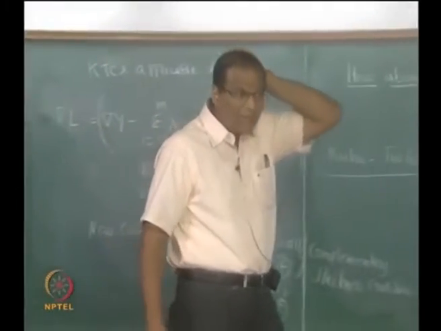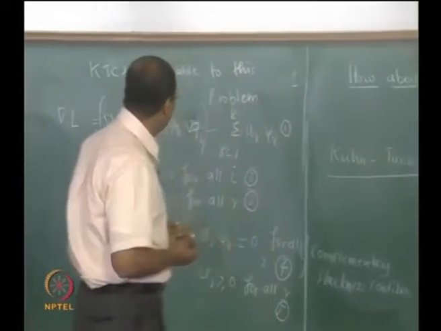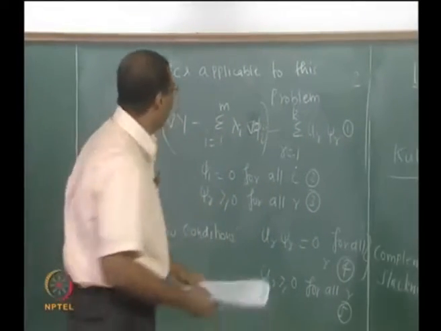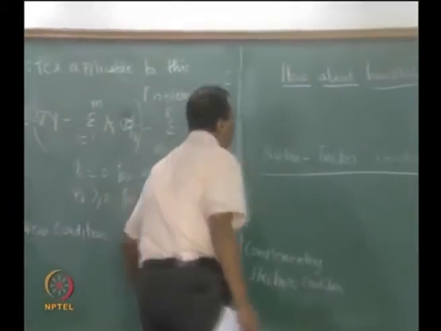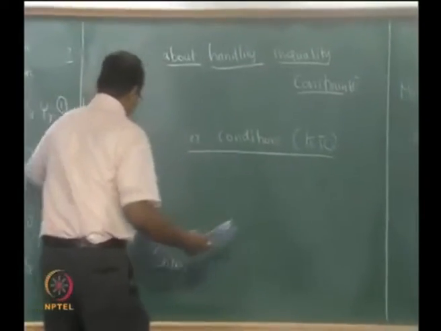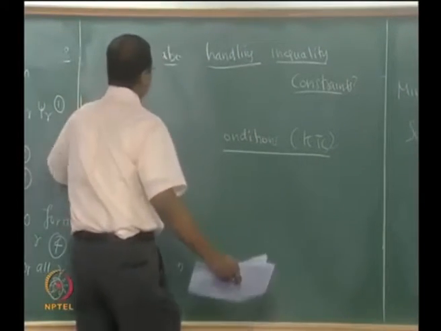Okay. So now let us consider a 3 variable, 1 equality constraint, 1 inequality constraint optimization problem. I will give an example, it will become clear.